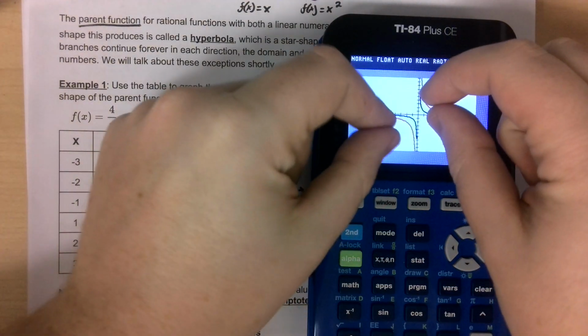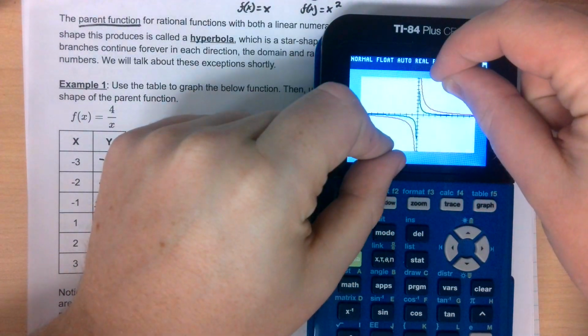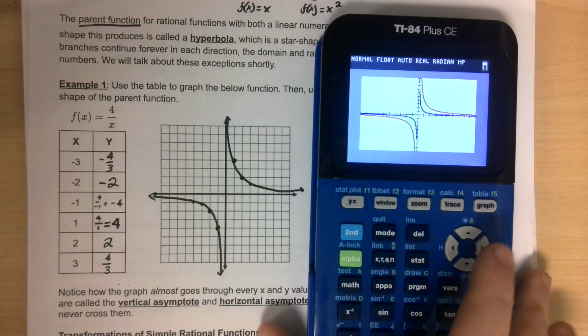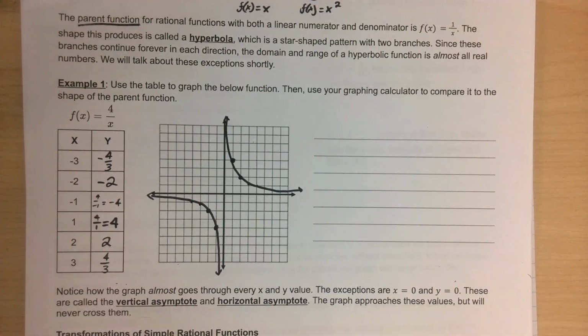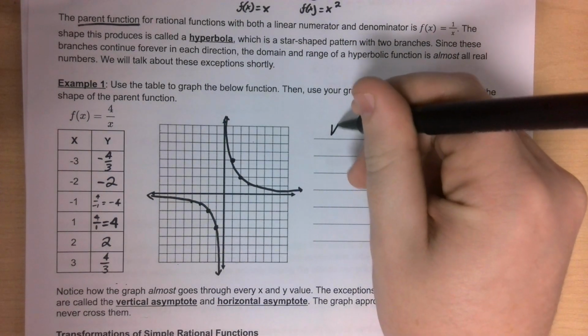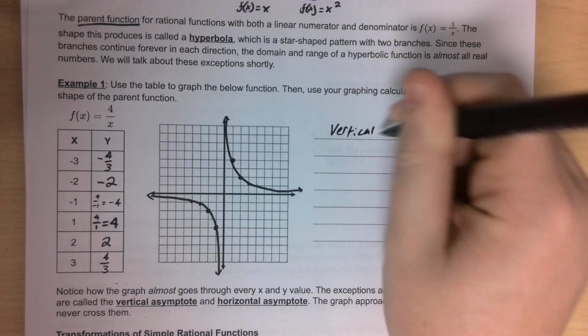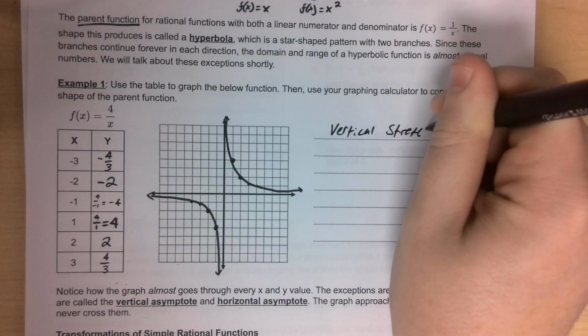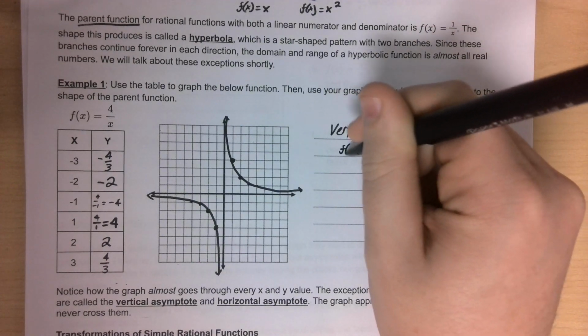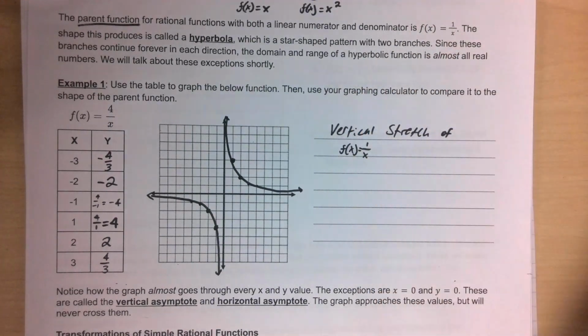It's almost as if we took the blue line and stretched it out. It turns out that this is, in fact, a vertical stretch. We would say that this is a vertical stretch of 1 over x, or f of x equals 1 over x.